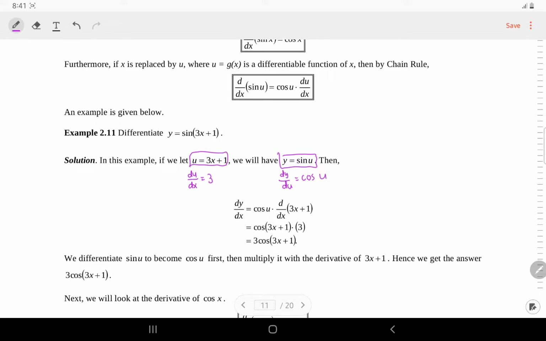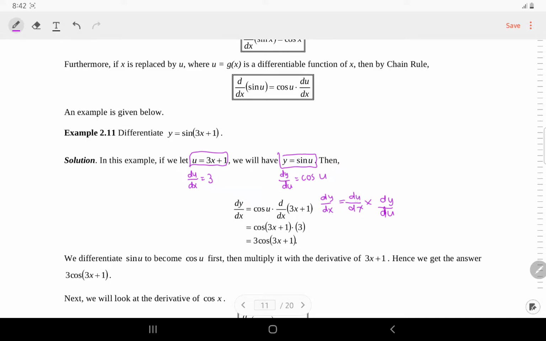Okay, then when we already differentiate these two, we multiply du over dx and dy over du. Okay, make sure when kita simplify du, and du kita boleh cancel out, so dia akan jadi dy over dx. Okay, so it will become dy over dx.